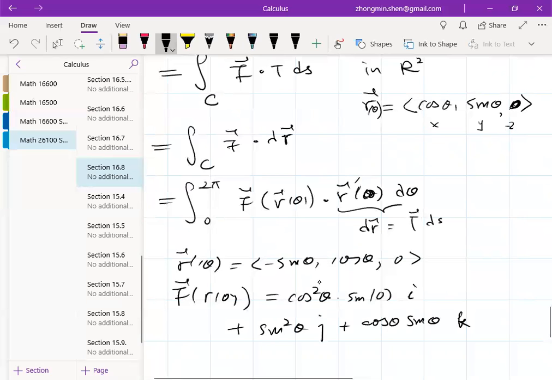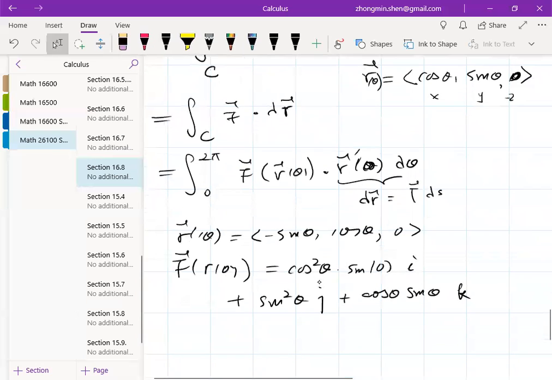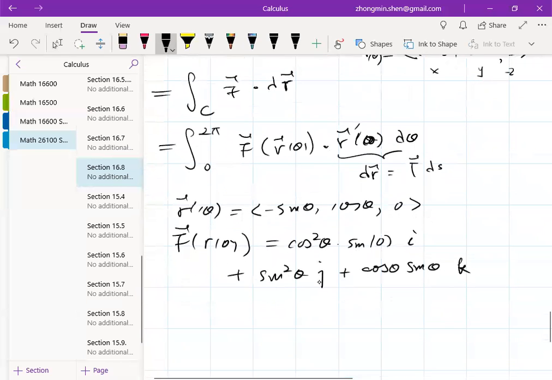Along the circle, the vector field is given by this formula. The first component is 0. Then looking at the inner product, F of r(theta) times r prime(theta) is just equal to sine squared theta cosine theta. That's it.